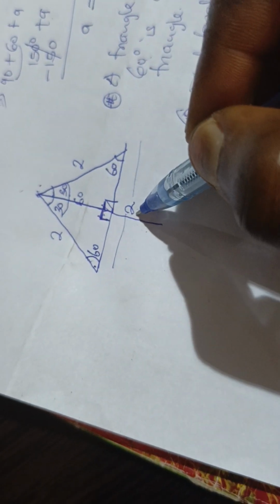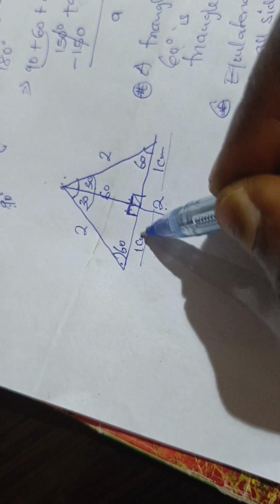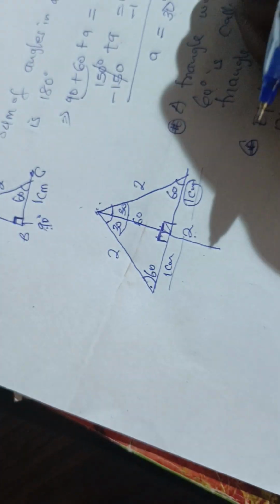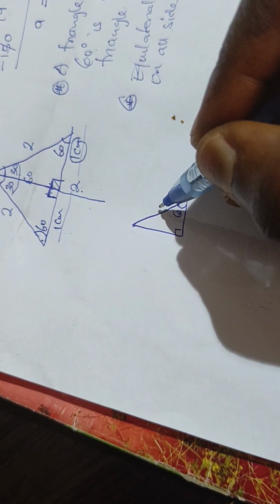So if I have 2 as a total, it means 1 is going this side, 1 is going this side. So this 1 centimeter is the length captured there. So it is very simple to define the other side. We have 60, we have 90, 2, 1, we have 30.